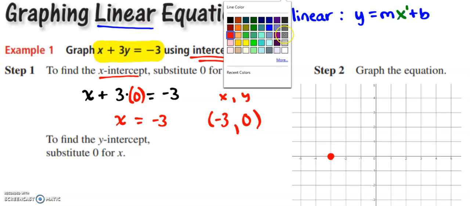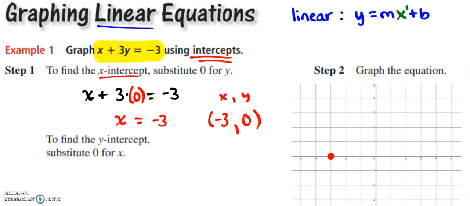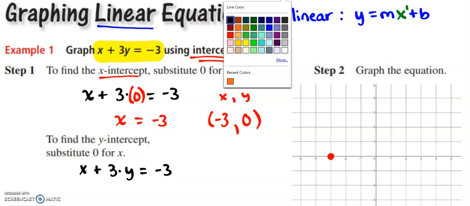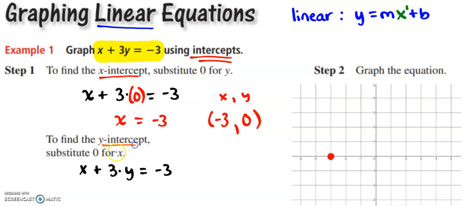Then I'm going to do the same thing for y. I'm going to take the equation x plus 3 times y equals negative 3. Only this time, when I'm looking for the y-intercept, I'm going to take out the letter x and make it 0. Notice every time I substitute, I put what I substituted in parentheses in case there was more than one term or I had to do some other multiplying.